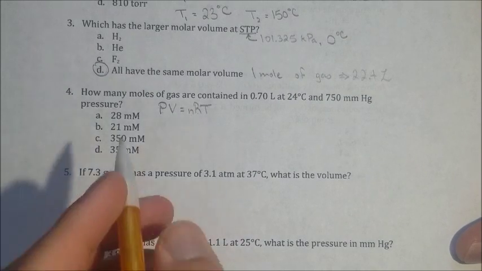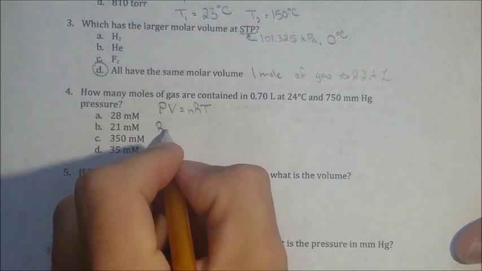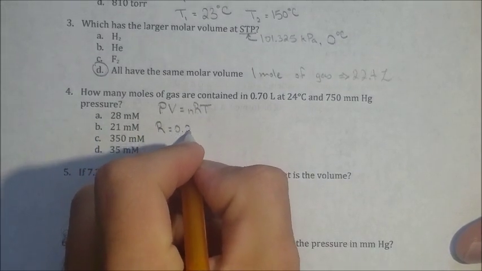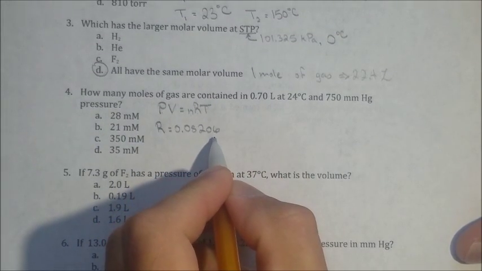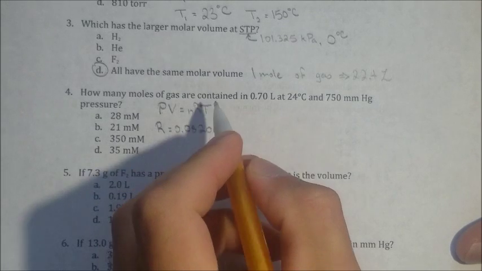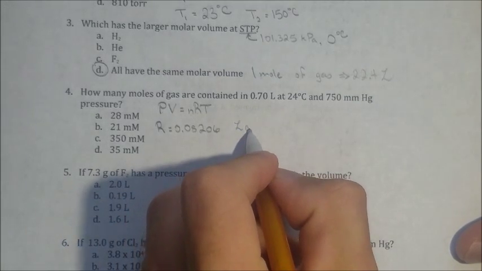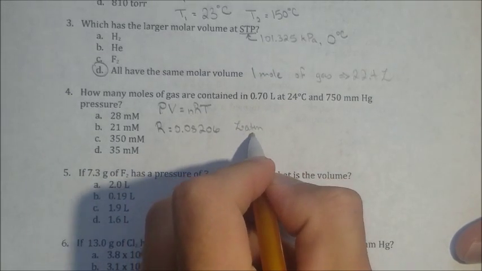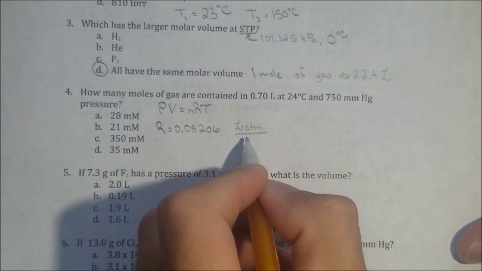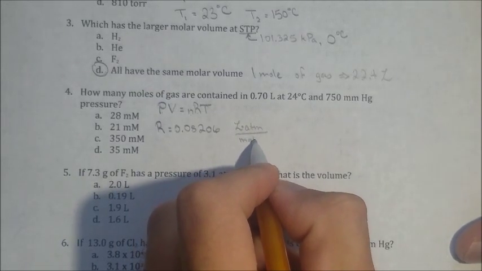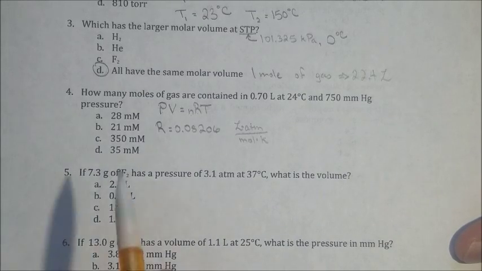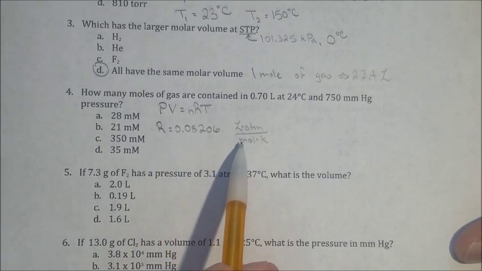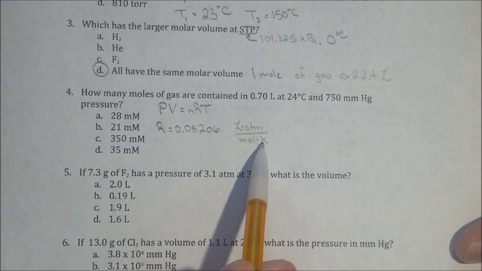If you want to use, and this is the one I'll write down, R equals 0.08206, then the units for this R are liters atmospheres per mole Kelvin. Okay? So liters atmospheres per mole Kelvin.